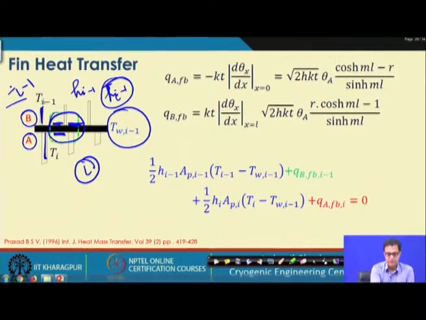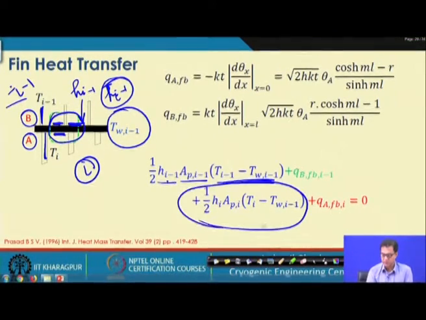So, we have the heat transfer between the primary surface area on the i minus 1th side, the heat transfer surface area, the heat transfer coefficient, the temperature difference between the fluid and the wall, and then the primary heat transfer contribution on the wall side.